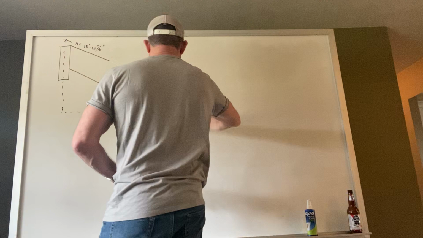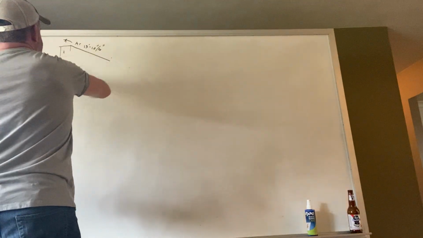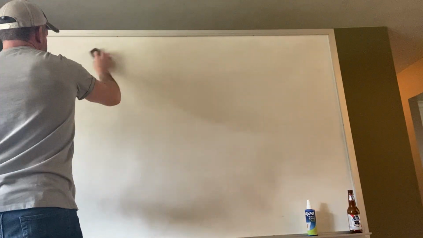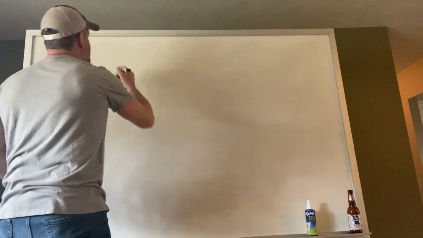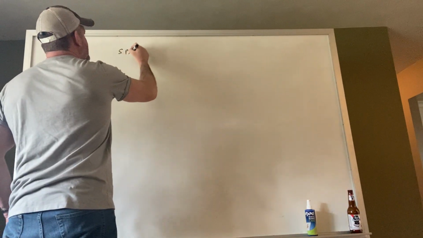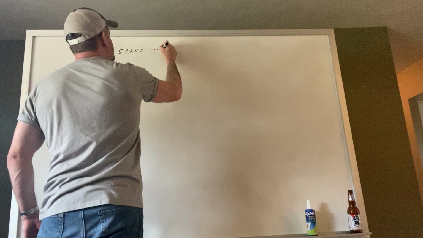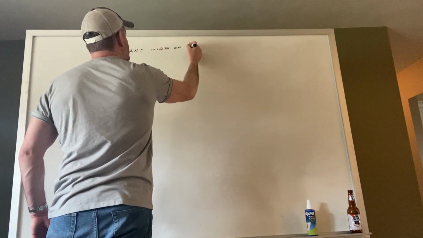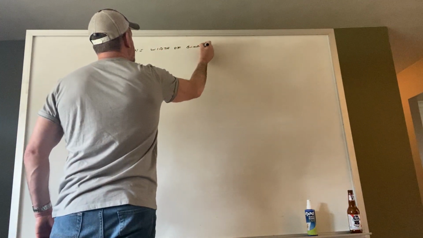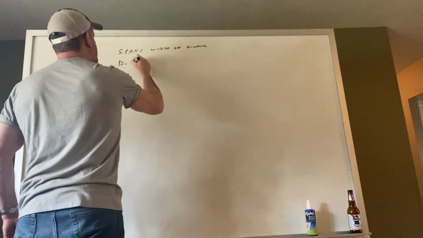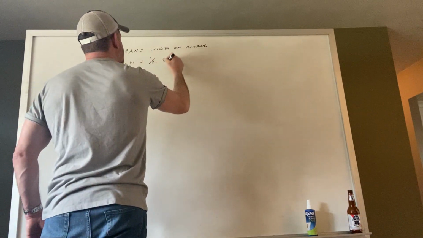All right, so finally, to end our conversation, we've got a few important aspects. My span equals the width of my building from framing to framing. My run is always half my span.